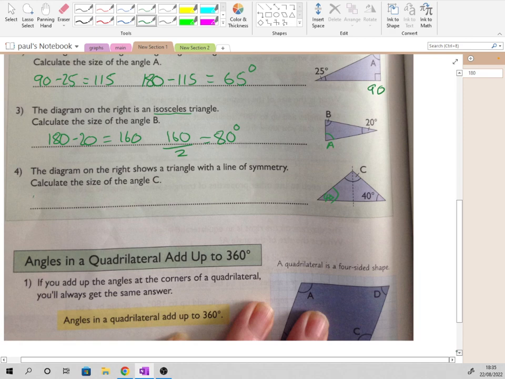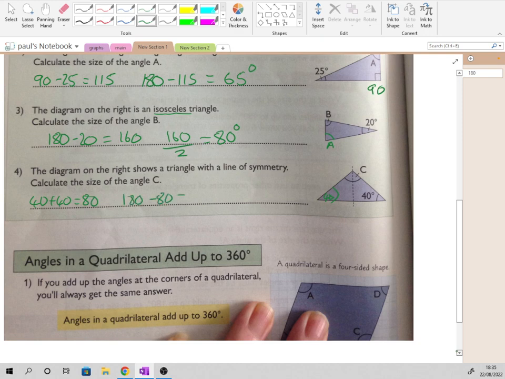So 40 plus 40 equals 80. Everything adds up to 180. So if I take away 80, I'm left with 100. So this whole thing at the top is 100 degrees, but we only need half of it. So all we do is 100 divided by 2 equals 50 degrees.